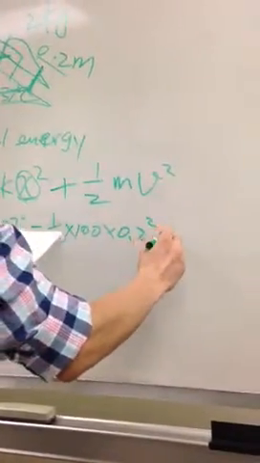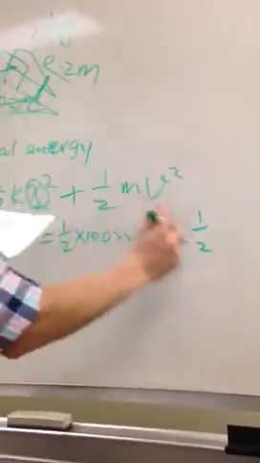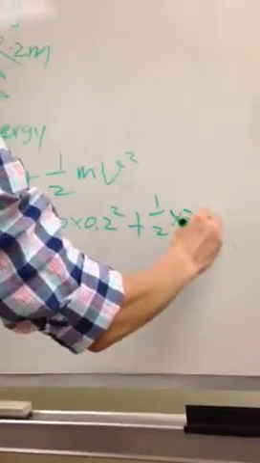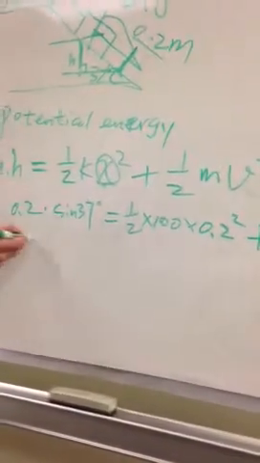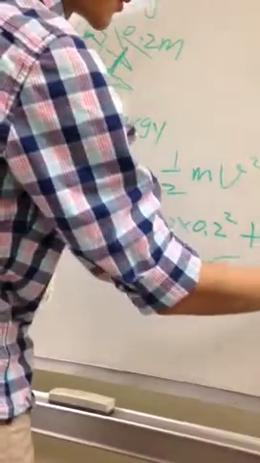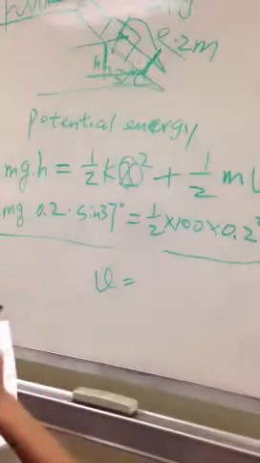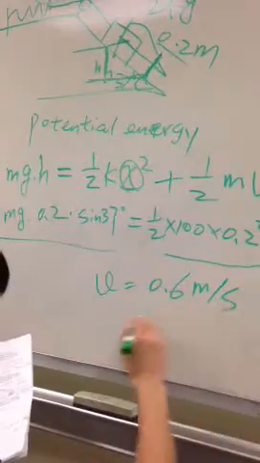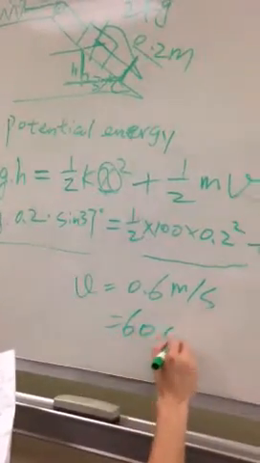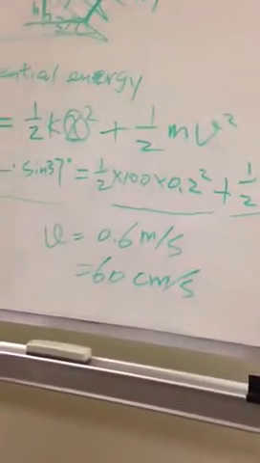Then plus 1/2 times 2 kilograms times v squared. So everything here, you know, the only variable is this v, right? If you calculate, v equals 0.6 meter per second, which is 60 centimeter per second. So it's C, this question.